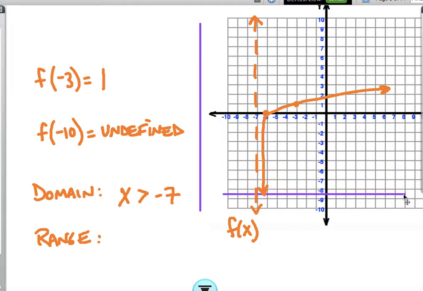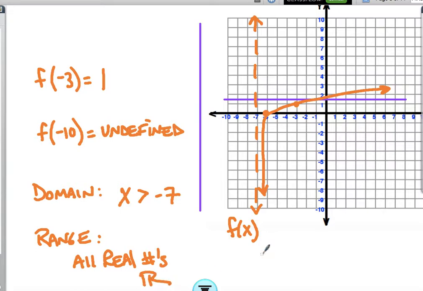Okay, there we go. So the y values can go down forever, and they technically can go up forever. It's just that they're going to go off the graph. So our y values, our range, are all real numbers. They can be anything because they can go down forever and they can go up forever.